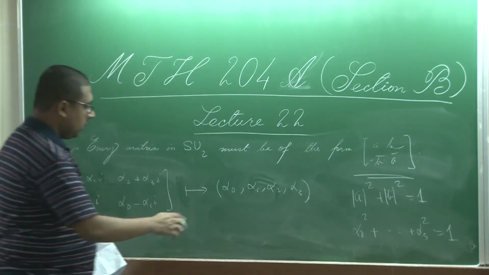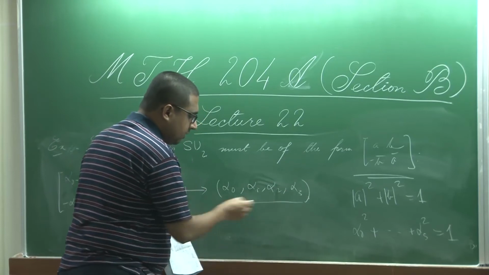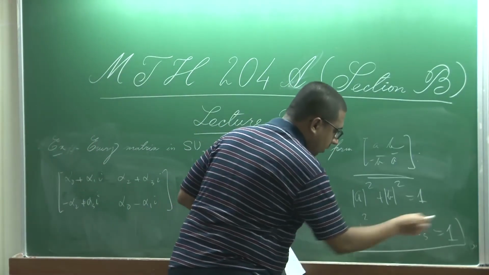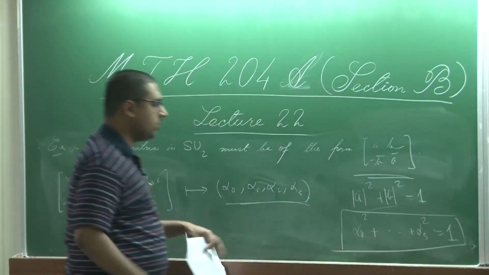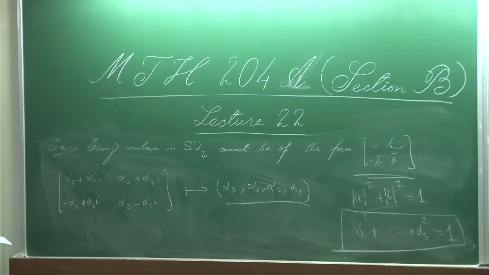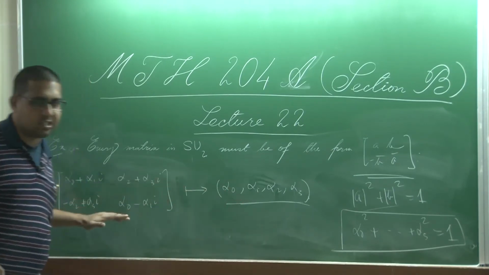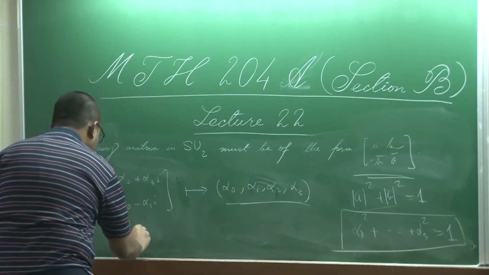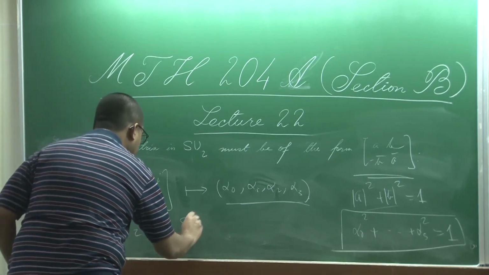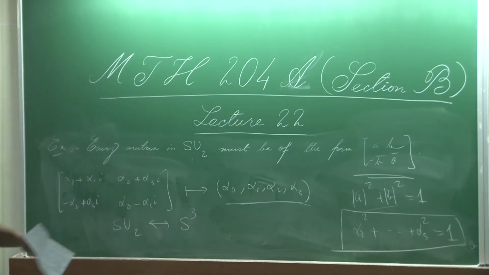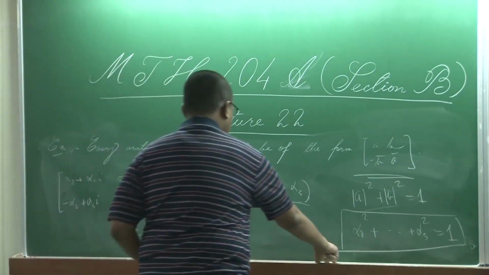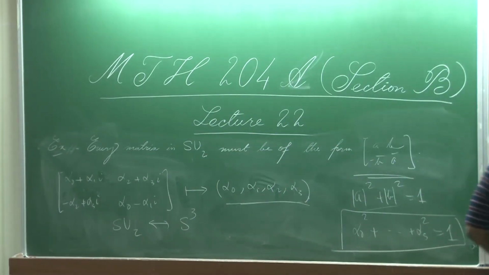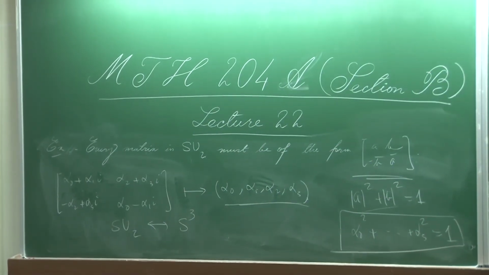So it's easy to see that here these tuples, these alphas, have these relations among themselves. It's easy to see that this is indeed a bijection. So thus we have a bijection between this SU2 and S3, the 3-dimensional real sphere.